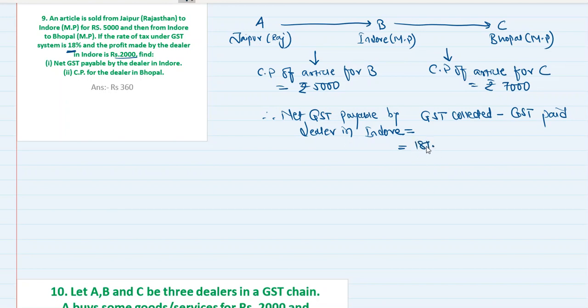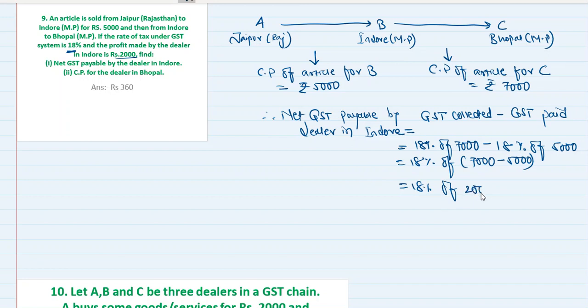So 18% of 7,000 minus 18% of 5,000, which is 18% of 7,000 minus 5,000, which is 18% of 2,000, which is 18 upon 100 multiplied by 2,000, which is 18 multiplied by 20, which is rupees 360. So 360 is the net GST payable by the dealer in Indore.